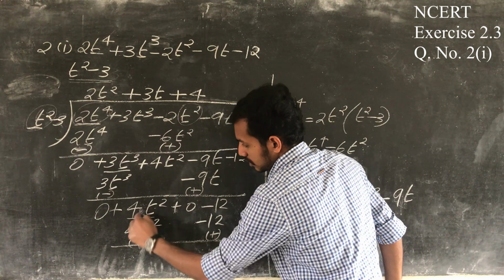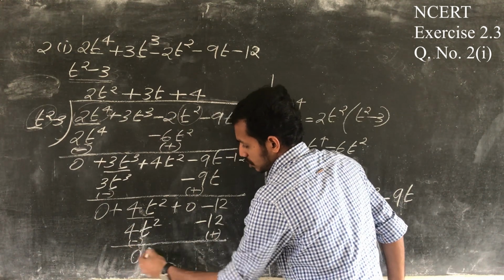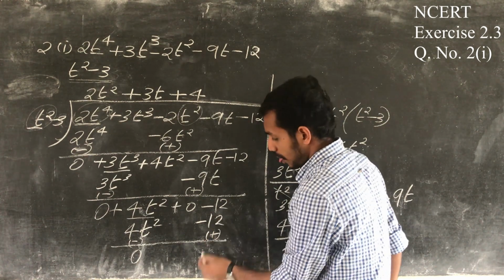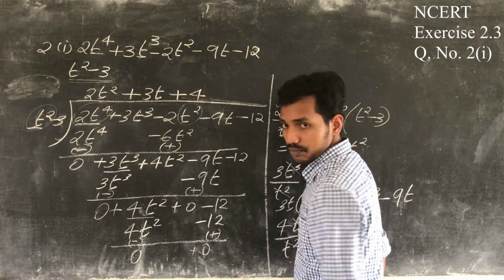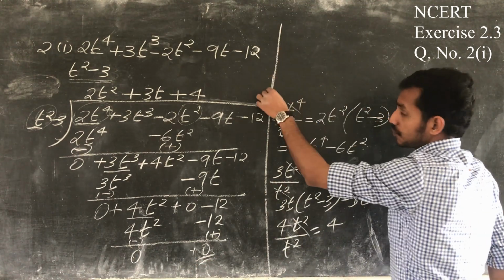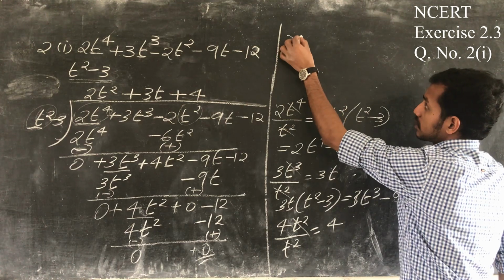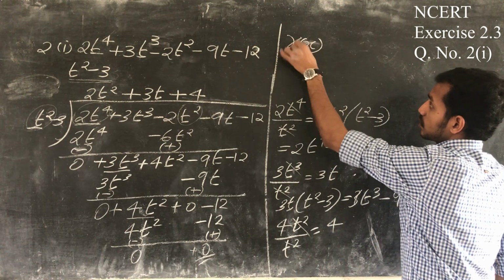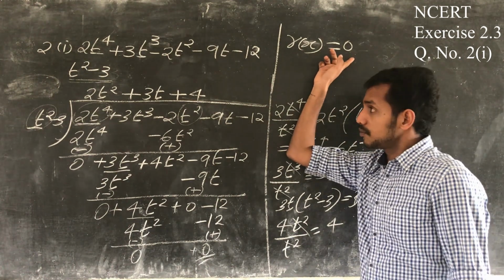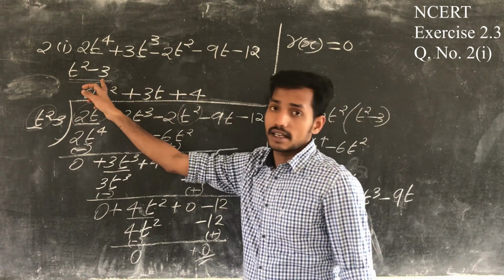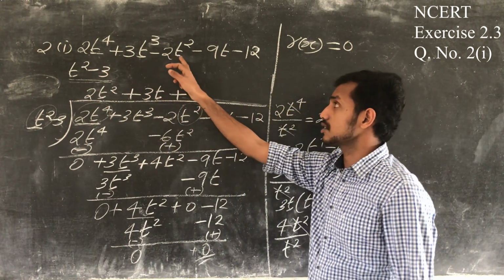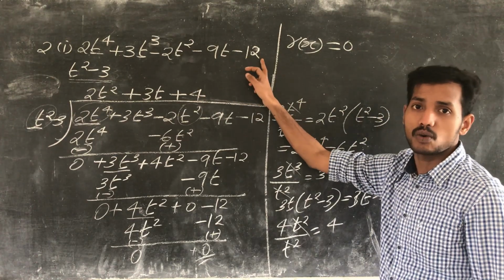Change signs: 4t square minus 4t square is 0, and minus 12 plus 12 is also 0. So here we got r of x equal to 0. Since r of x is equal to 0, t square minus 3 is a factor of 2t raised to 4 plus 3t cube minus 2t square minus 9t minus 12.